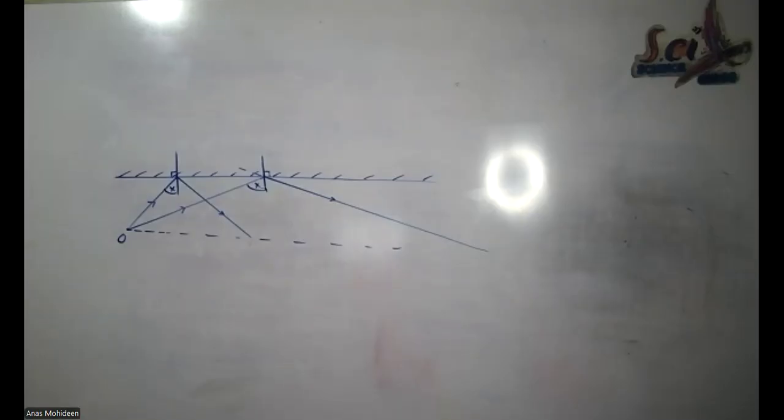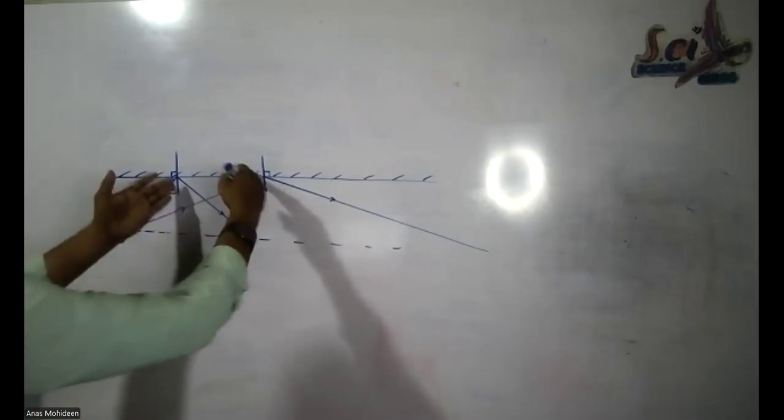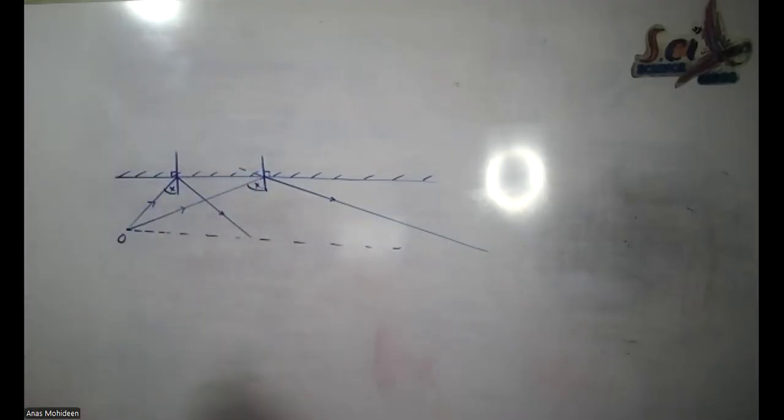How do we find out the image? Real rays. Okay, real rays are not meeting up. As the real rays are not meeting up, what are you supposed to do? Right? What are you supposed to do? Both the sides you have to drag it.